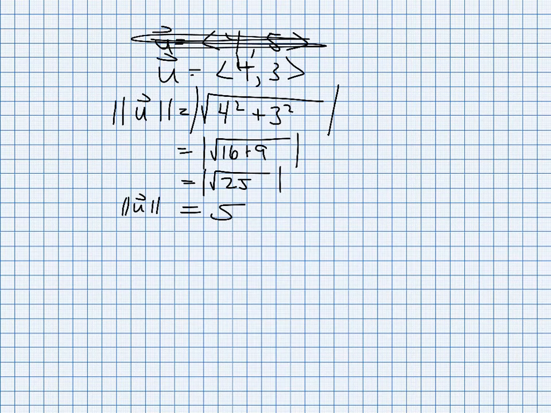Now, if I want to find the unit vector of U in the direction of U, that is going to be, so the unit vector equals U divided by the magnitude of U. Okay, so this is going to equal 4, 3 divided by 5.